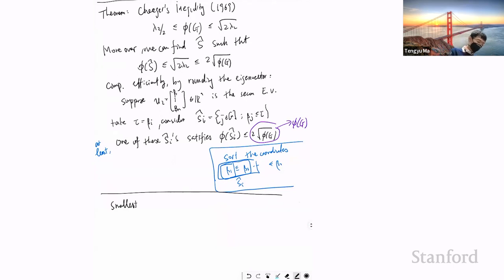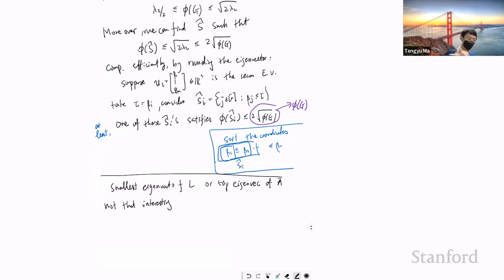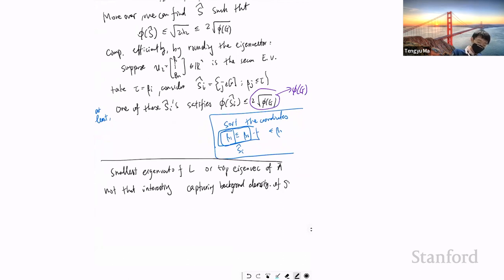So either the smallest eigenvector of L or the top eigenvector of A bar is not that interesting, because it only captures what I call the background density of the graph.